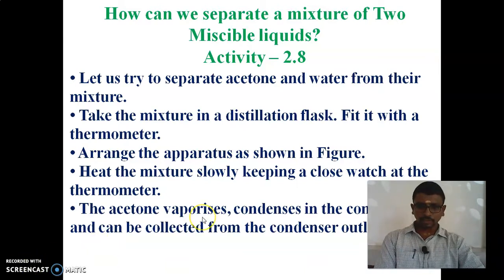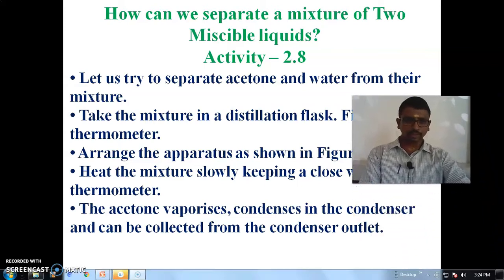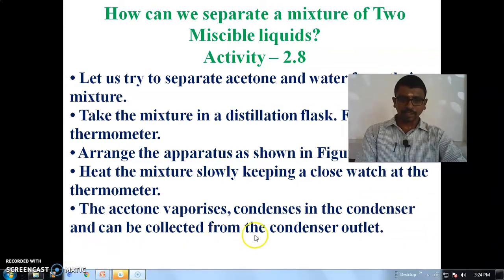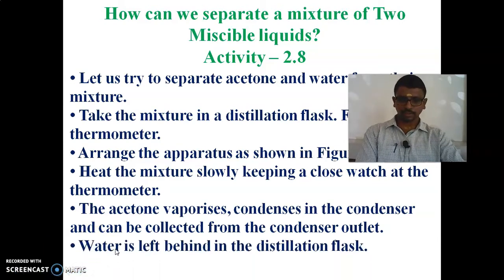The acetone vaporizes, condenses in the condenser and can be collected from the condenser outlet. The boiling point of acetone is less than water, so the acetone is vaporized first and collected from the condenser outlet. Water is left behind in the distillation flask.